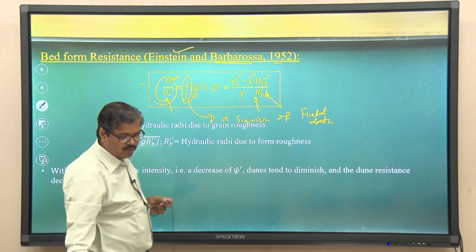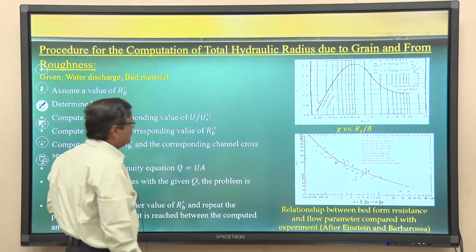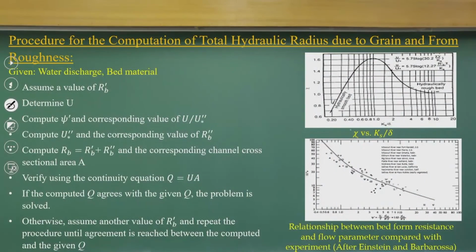If you look at the next slides, you can see how xi, the velocity distribution factor, varies with the ratio of ks by delta. This is the hydraulically smooth region, and this is the hydraulically rough region.